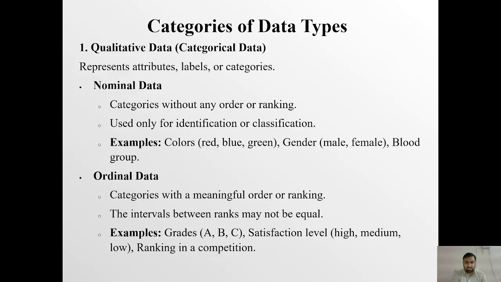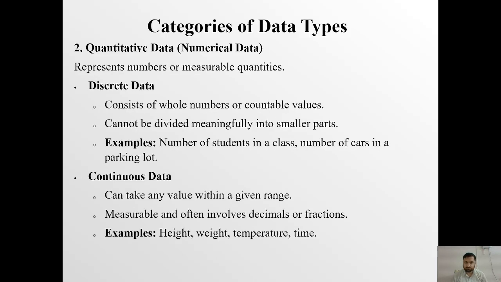Blood group, etc. Ordinal data: categories with a meaningful order or ranking. The intervals between rankings may not be equal. Example grades A, B, C, satisfaction level high, medium, low, ranking in a competition.